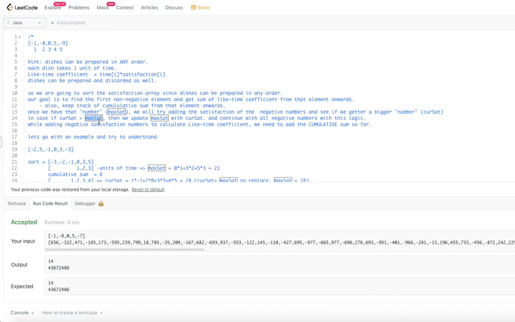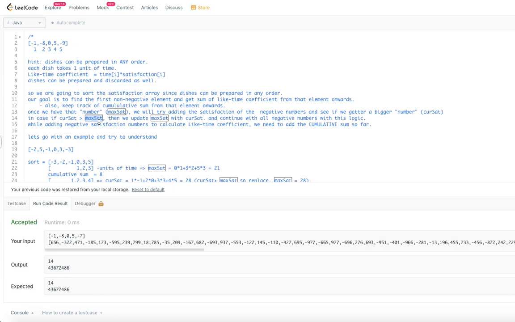We take the negative number, see the lifetime coefficient, get the cumulative sum, and see if it is greater than max satisfaction. If so, replace the max satisfaction. Like that we will be continuing, right?